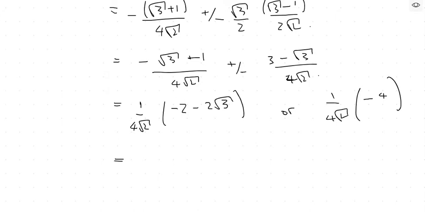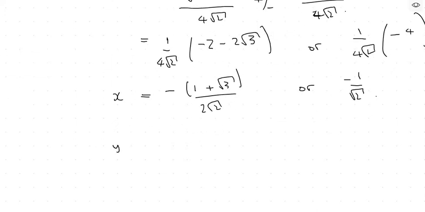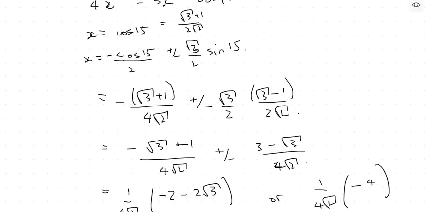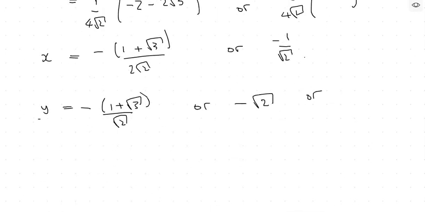So in third form we've got minus 1 plus root 3 over 2 root 2, or minus 1 over root 2. And let's remember that that's x. So y is equal to 2 lots of each of them: minus 1 plus root 3 over root 2, or minus 2 over root 2, which is root 2, or the other one, which was root 3 plus 1 over root 2.